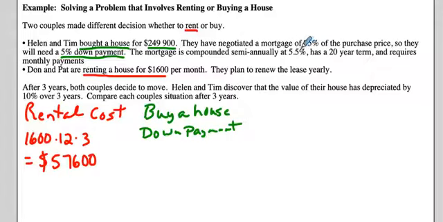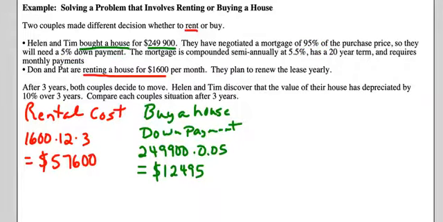So that means you're paying a mortgage of 95%. So to figure out what your down payment is, you just take 5% of the cost of the house. So 249,900 times 0.05 gives you $12,495. That would be how much you'd have to pay on the house right away.